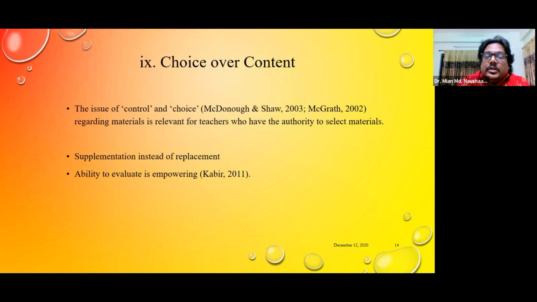But if you look at private schools or English medium schools or some other kinds of schools, then there is a choice. I mean, schools can choose a particular system of education or books published from a particular publisher. So that is possible.